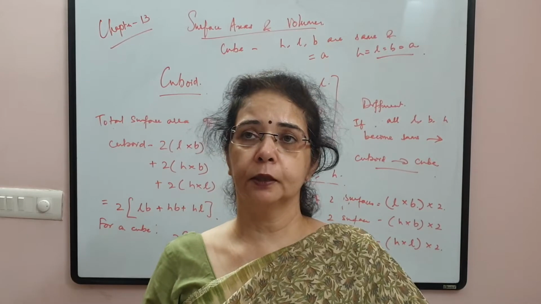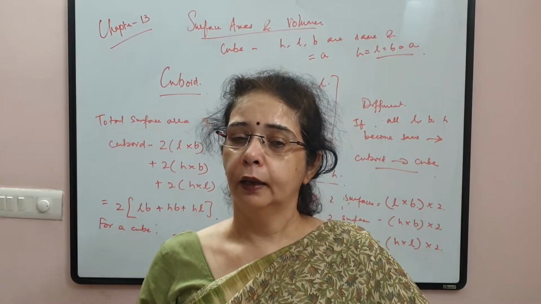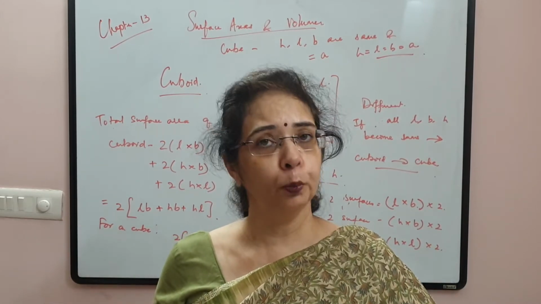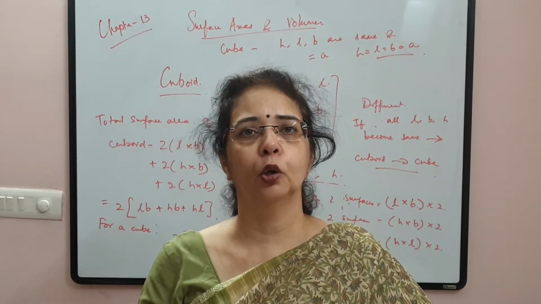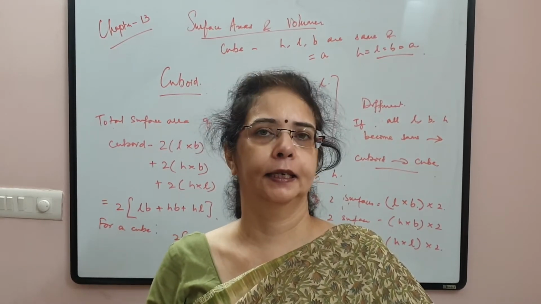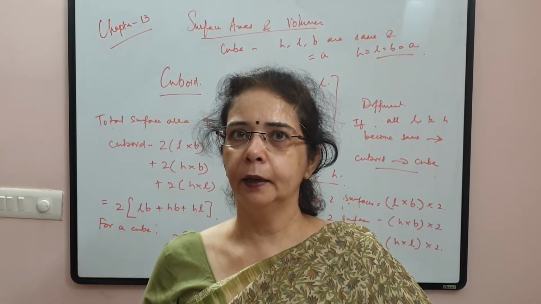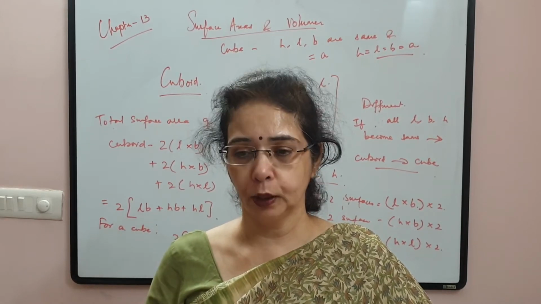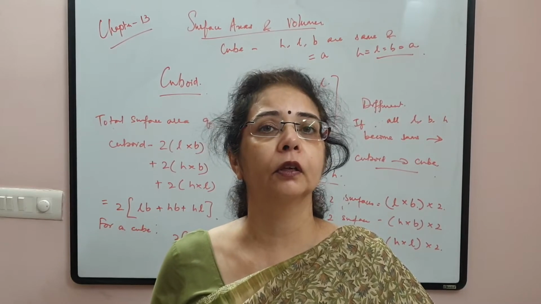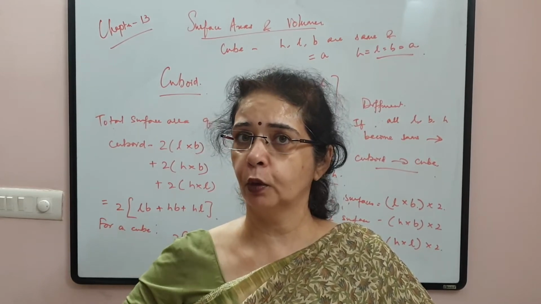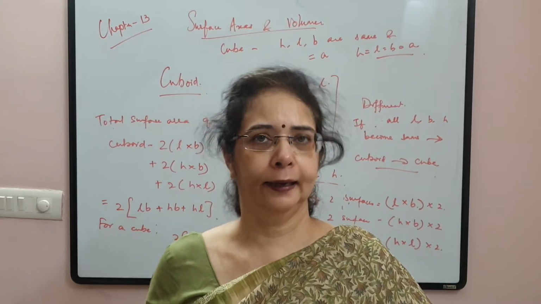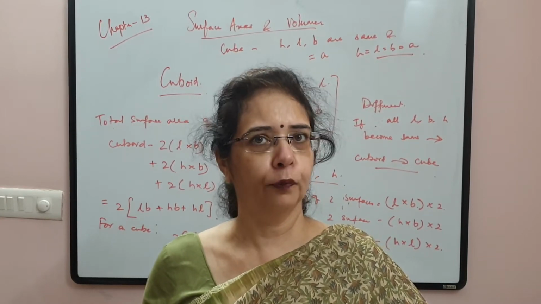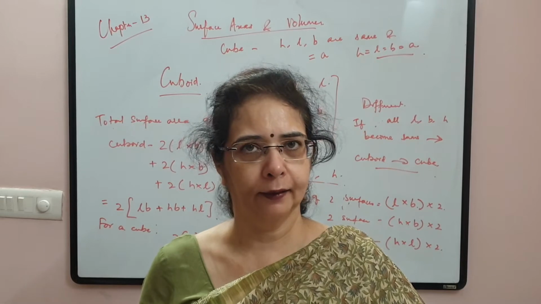When you take a room or a hall into consideration, what is your length, breadth and height? When you take the floor into consideration, you consider that the floor of the room is in the shape of a rectangle.